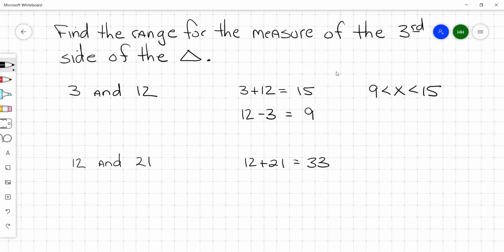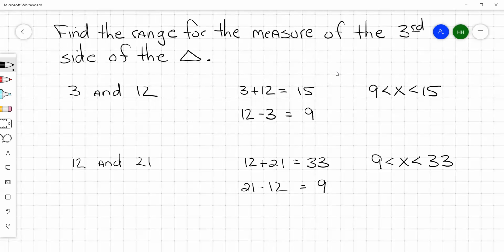We subtract the length of the 2 sides, take 21 minus 12. That's equal to 9. So 9 is less than x, which is going to be less than 33. The third side of the triangle has to be between 9 and 33.